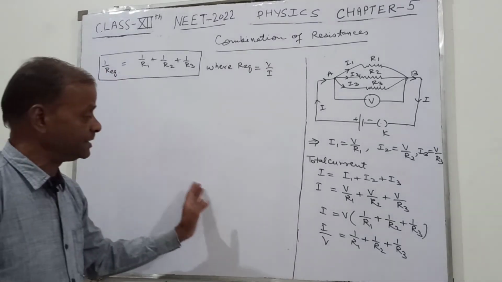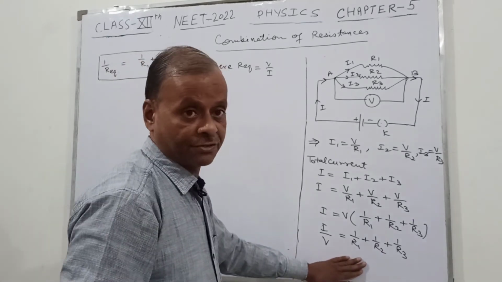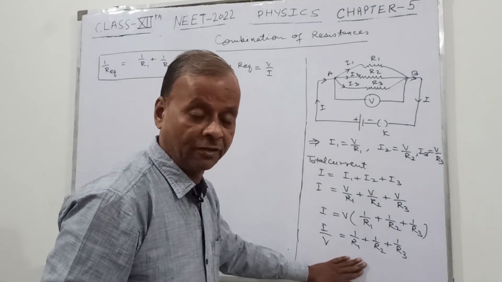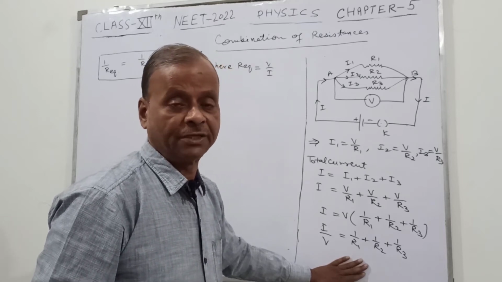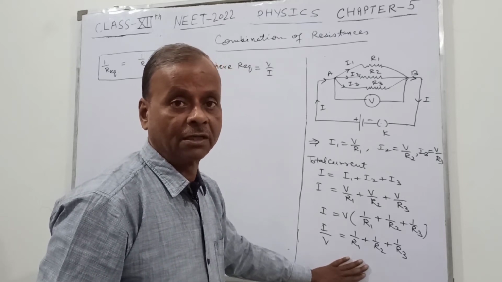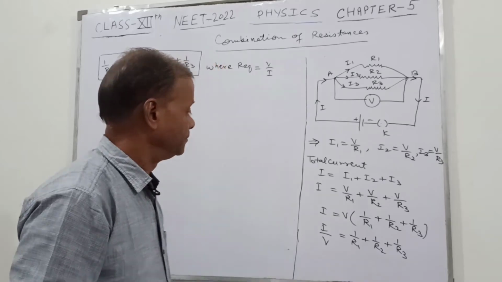So now you can see that the reciprocal of the equivalent resistance is equal to the sum of reciprocals of the resistances connected in parallel.